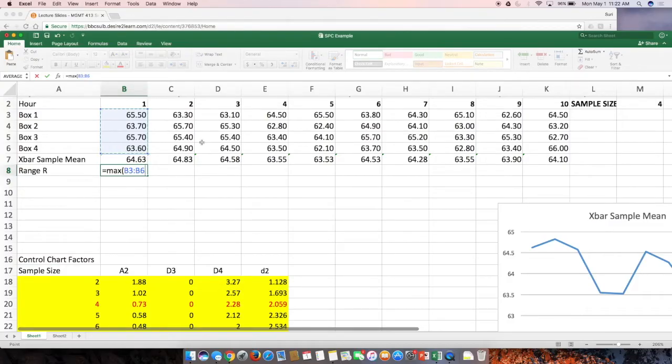What's the difference between the two? 65.7 and 63.6 is 2.1. Everybody see? That's your range. That's telling you how much spread there is, how much random variation there is in the data. So this is going to be max minus min. That's 2.1.